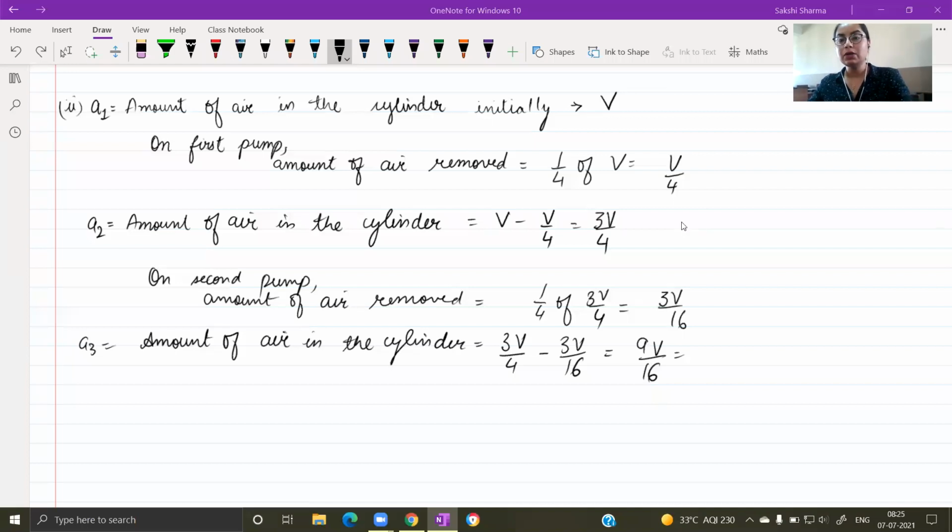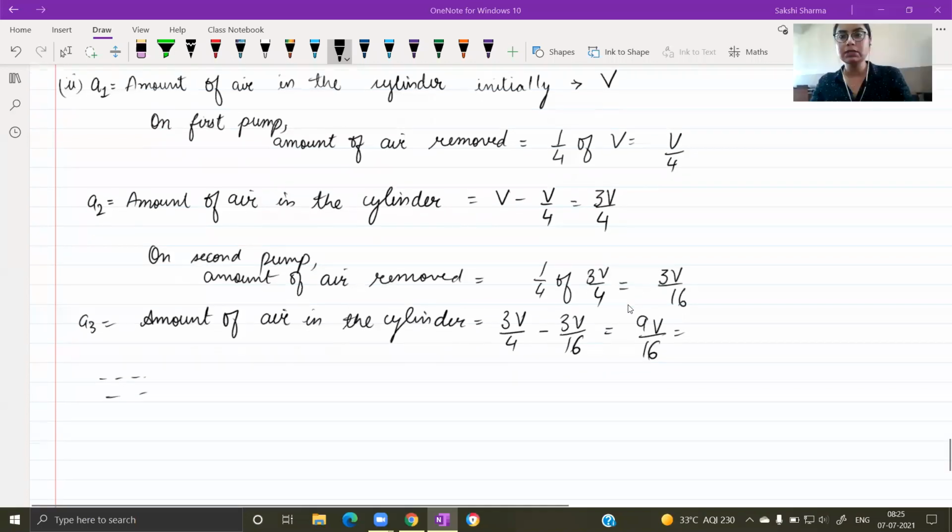All right. Now, looking at these three terms, what do you think? Is it an arithmetic progression? No, ma'am. Kindly show the difference between the consecutive terms and then write down whether or not this is an AP.